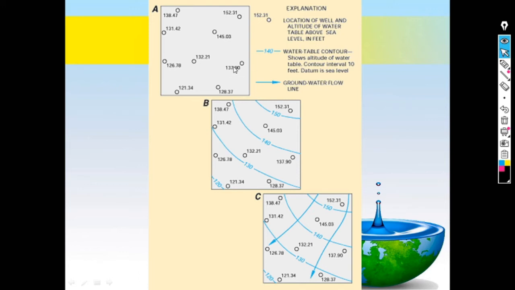What we did was simply take the water table levels of these wells, compare those levels with a standard datum, that is mean sea level, and after that we averaged these values to draw average lines which will be our contours, and we find out the flow direction. That is your water table map.